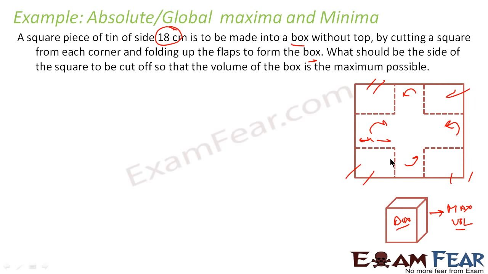So we are cutting squares of side x from four corners and folding it to get one box such that the volume of the box is maximum. So we have to find the side of the square to be cut, that is, the value of x.